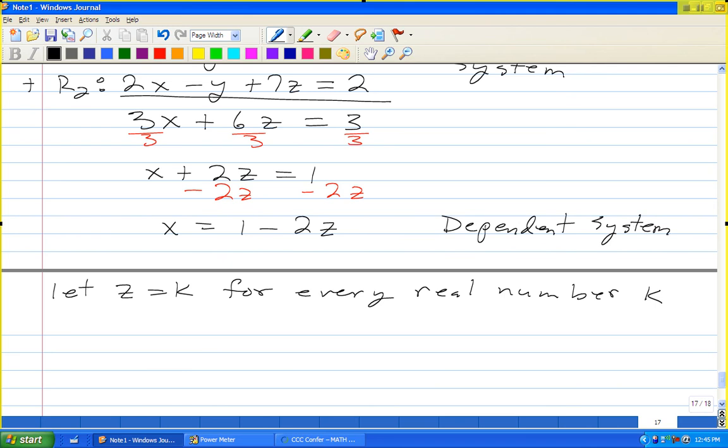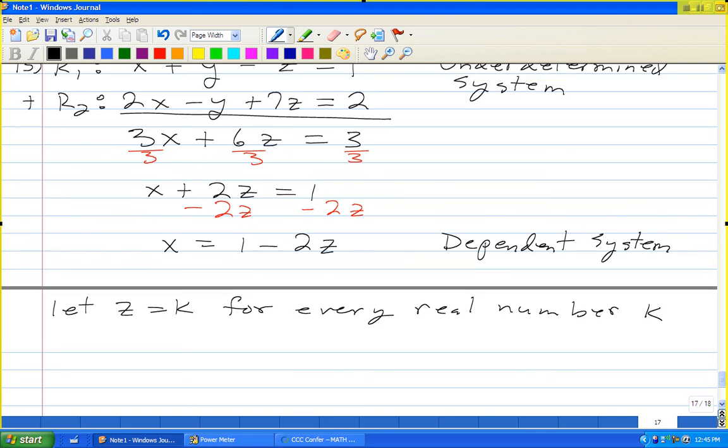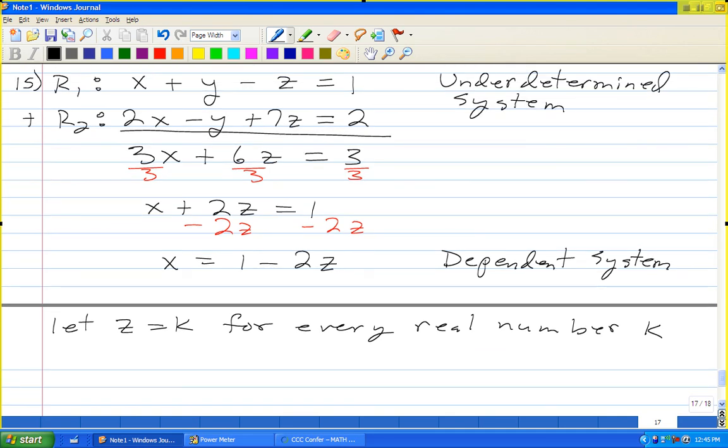Because there's some free variables involved here. So that's what x is. Let's figure out y. Let's use our first equation to figure out y. I have x, which is 1 minus 2z, plus y, and since z is k, I'll call it k, minus z, which we call k, is equal to 1.